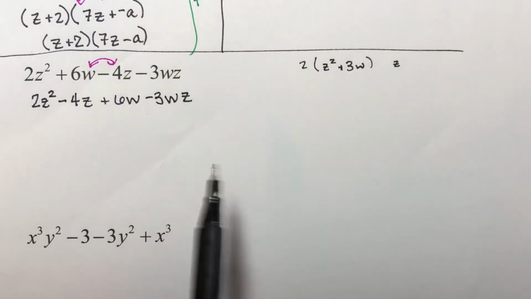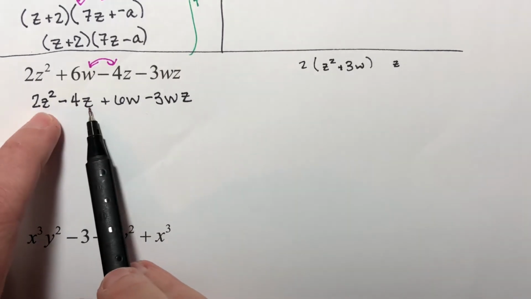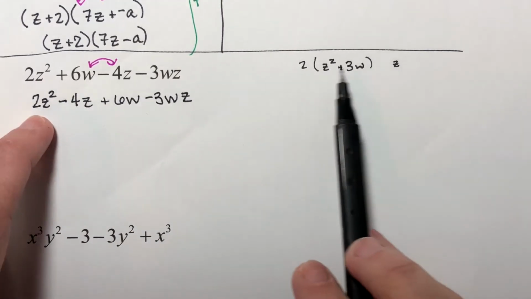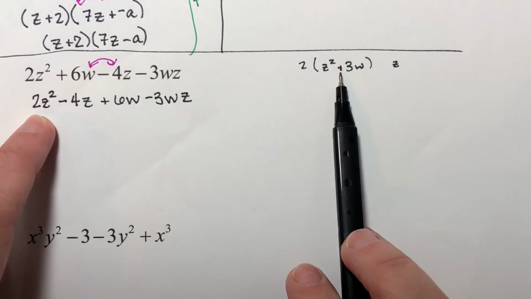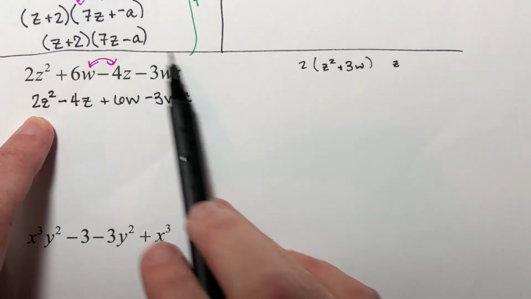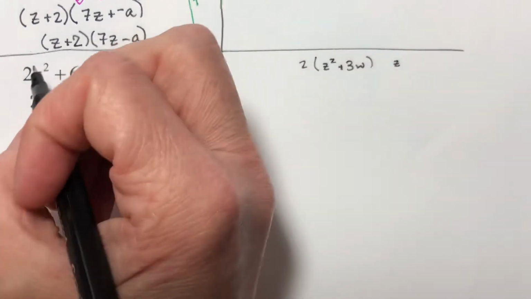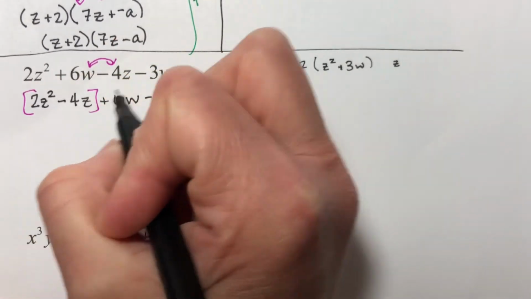So now let's look at our groups. I can factor out a Z here, so I'm not going to end up with a Z squared inside the parentheses like I did here. That was my big clue that it wasn't going to work, because there was no way I was going to get a Z squared out of these two. It didn't even exist. Okay, so let's group and see if it works.